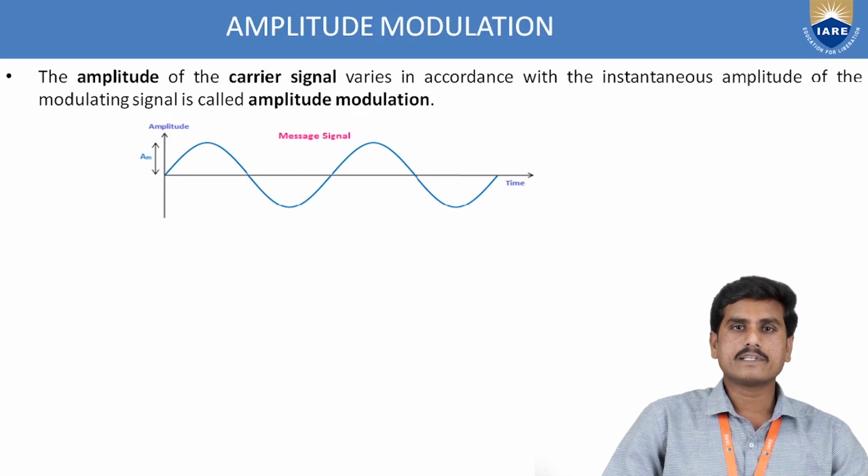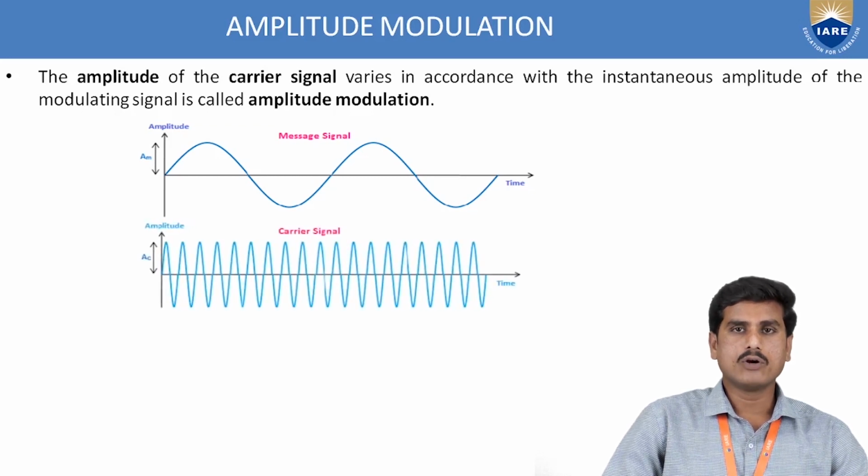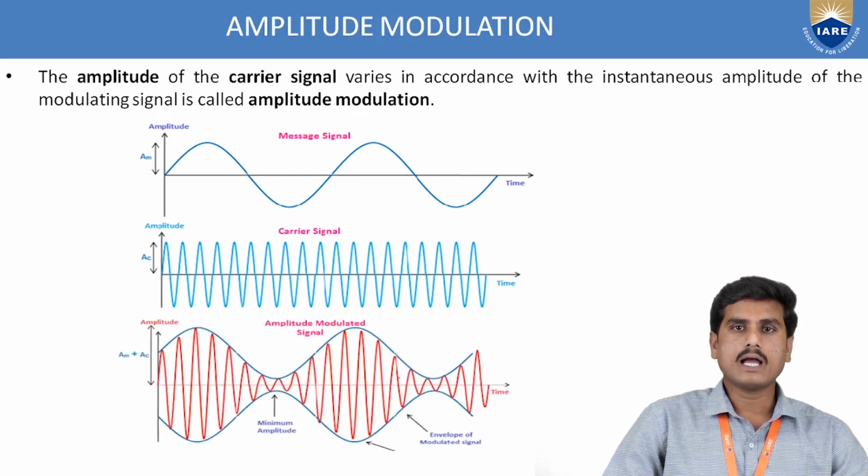See here, the first one is the message signal with a low frequency, and the second one is the carrier signal, that is nothing but a radio frequency signal with a high frequency range. Now see how the amplitude of the carrier changes with respect to the message signal. Here we can observe the maximum amplitude is obtained from the carrier when the message signal amplitude is maximum.